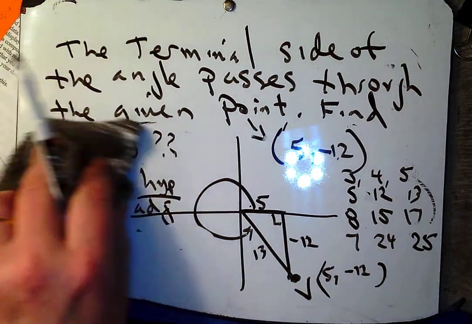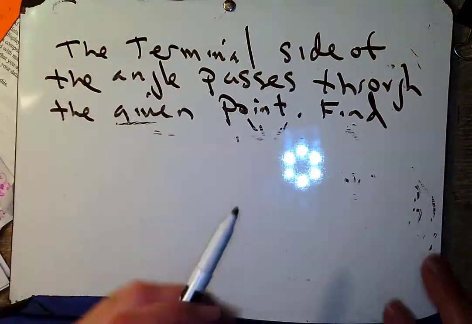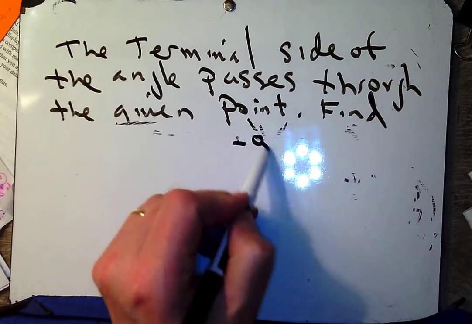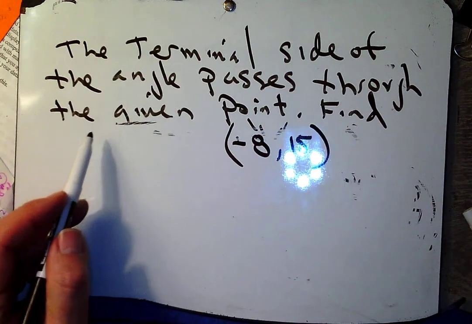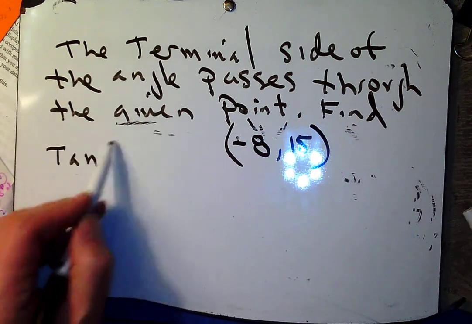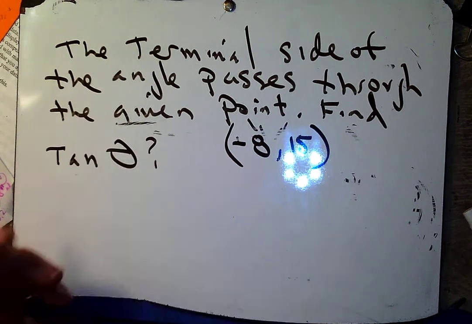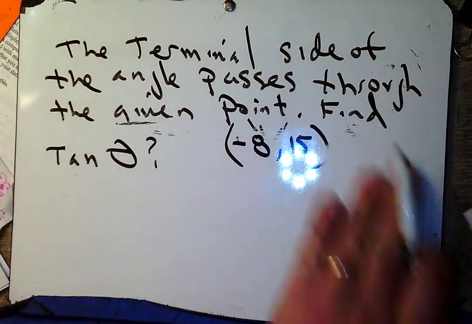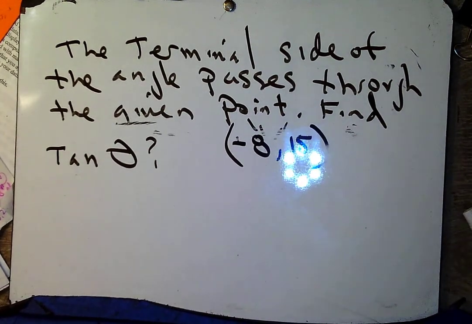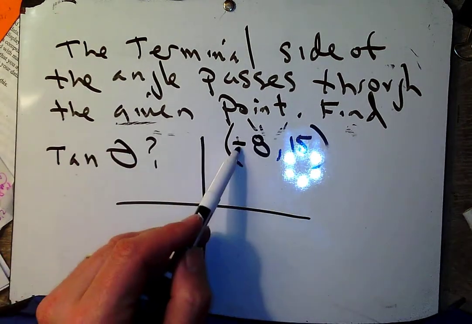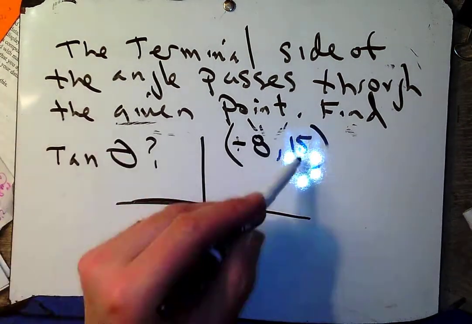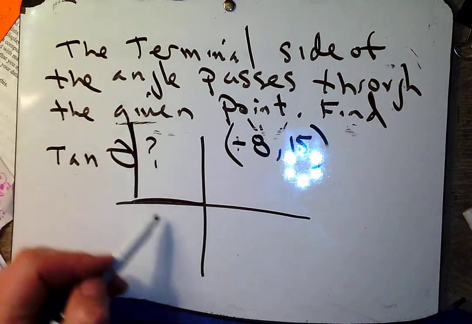So, how about this one? What if we're passing through the point negative 8, 15, and we're looking for tangent of theta? Okay, not a problem. I'm going to use that magic secret of trigonometry, and I'm going to draw a triangle where the x value is negative 8 and the y value is positive 15.